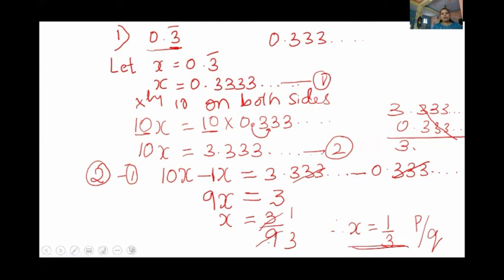Now we are considering two decimals recurring. Let us take 0.43 bar. See here, two decimals are recurring.